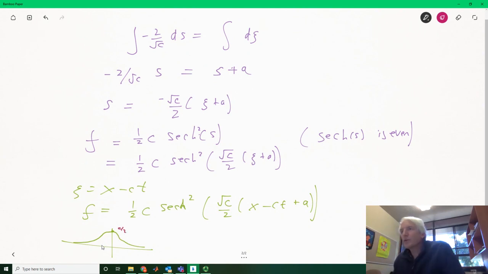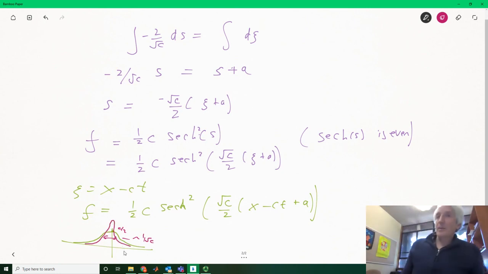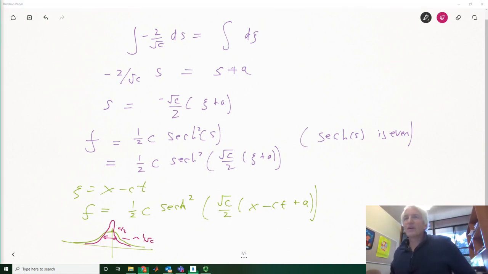The height is c over 2, but the width here is approximately 1 over square root of c, if you want to think about it. So a faster travelling one will be taller and steeper, which is something that John Scott Russell actually worked out. But there's the formula there and there's the integration. It's not too scary an integration, that.